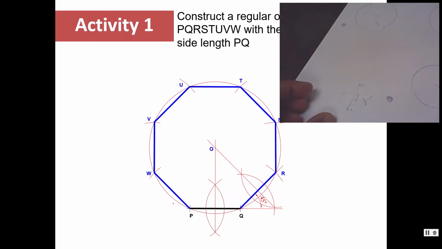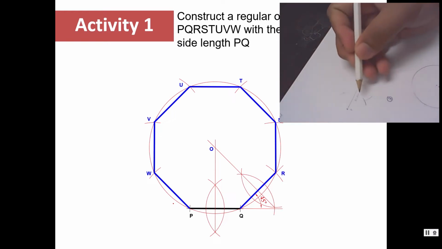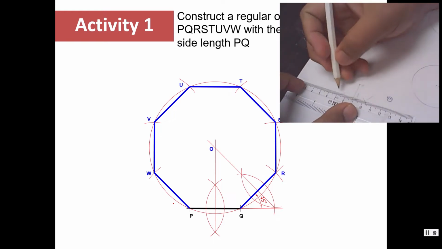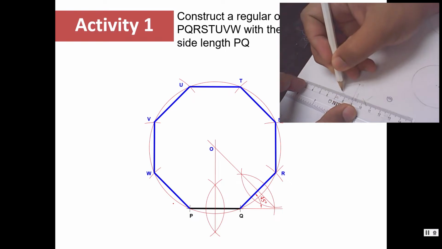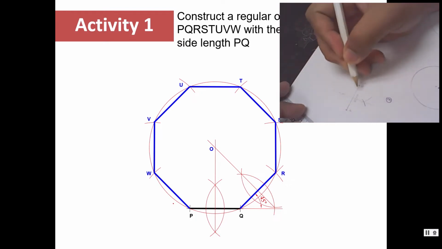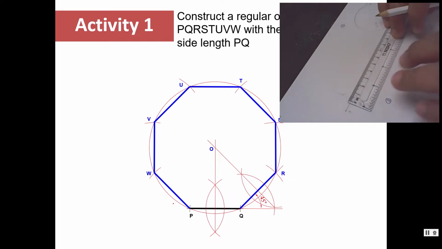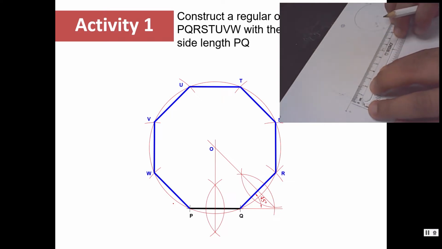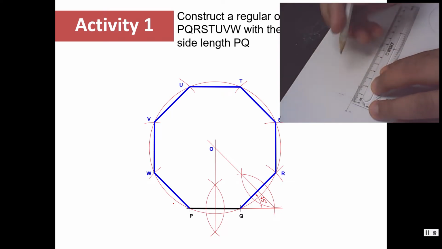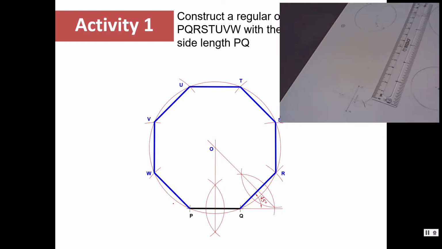Okay, so at the end we are going to get this point and this point. If we draw a straight line, it is going to be perpendicular to the PQ line. Okay, and then the next step is to lengthen this PQ line a little bit, because we want to draw the 45-degree angle.